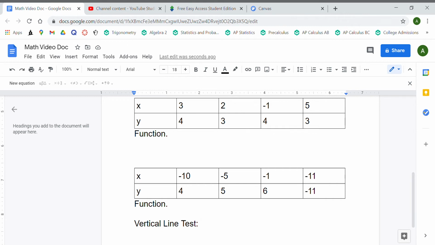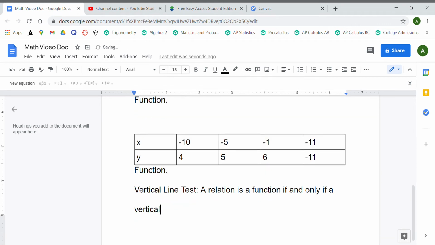The vertical line test says a relation is a function if and only if a vertical line cannot connect two or more points on a graph. So a vertical line must intersect a graph 0 times or 1 time. That's it.